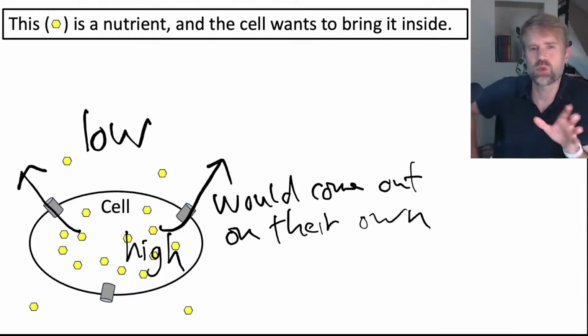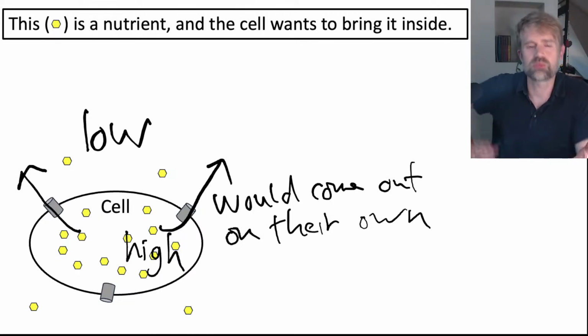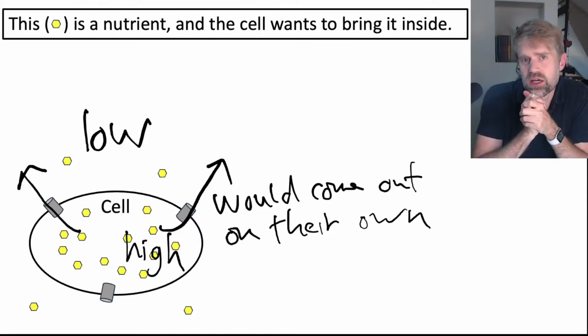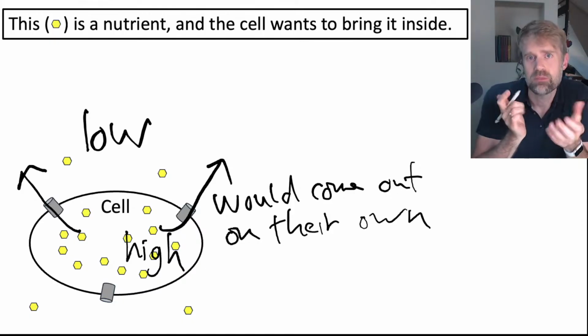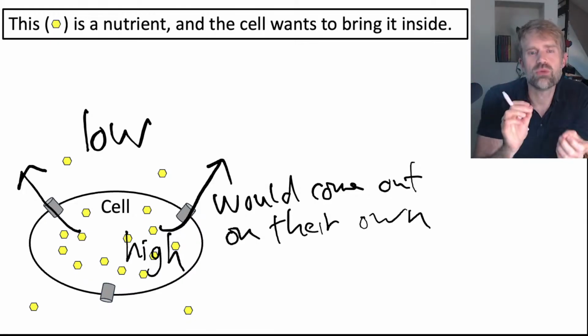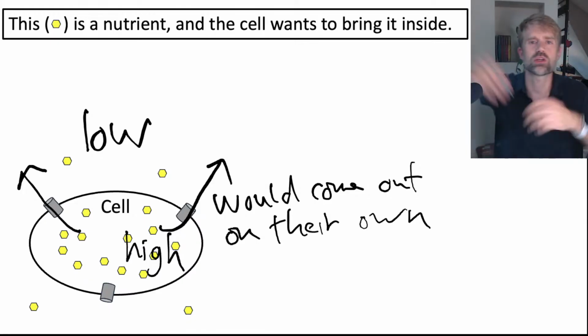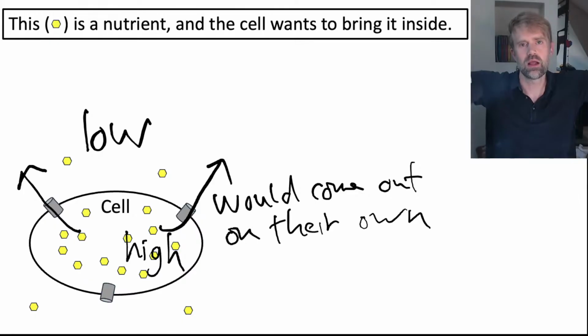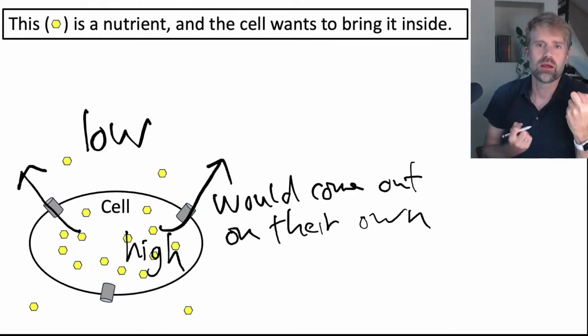But the cell doesn't want that, you see. This is a nutrient. This is sugar. And the cell wants to bring it inside. That's a problem. Because if these little things are left on their own, they are going to move from high to low concentration. They're going to float out of the cell. The cell doesn't want that. It wants to bring more in.